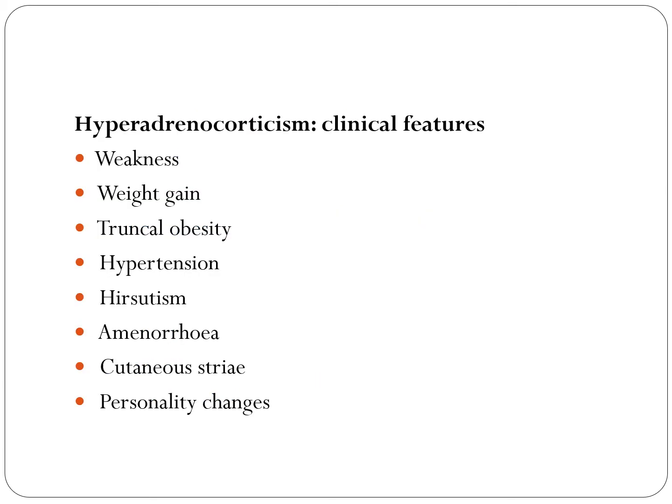Next, we are going for the clinical features we can see in hyperadrenocorticism. The main clinical features are weakness, weight gain, truncal obesity, hypertension, irritability, euphoria, cutaneous striae, and mood changes.